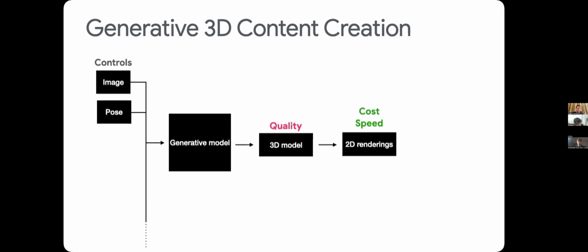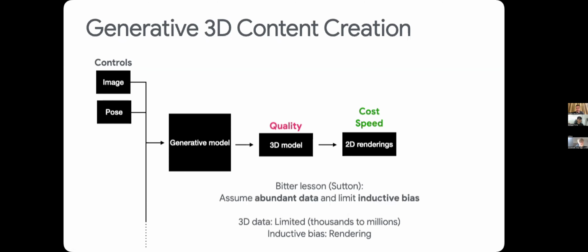So maybe we should ask ourselves, why is the quality low? If we recall Sutton's bitter lesson, the answer might lie in two limiting assumptions. First, high-quality 3D data is very scarce. And secondly, we shouldn't use any strong inductive biases, like, in our case, rendering.